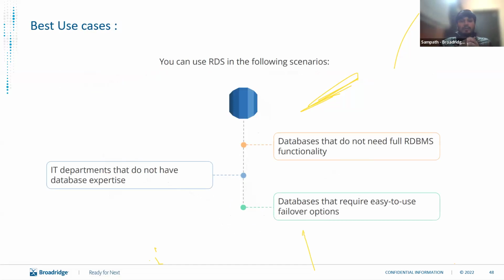So, the best use cases for Amazon RDS are when you do not need full-fledged RDBMS functionality. See, even when you buy a car, sometimes people choose the base variant, sometimes the mid variant, based on their requirements, right? So mostly everyone will not use all sets of features. Similarly, with databases, there are a lot of features because databases have been developed over how many years, I do not know.